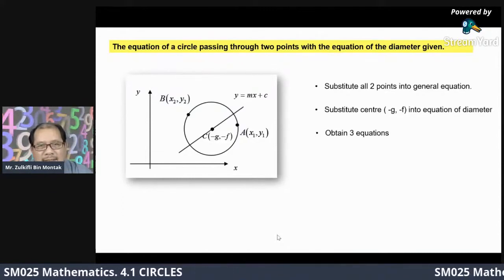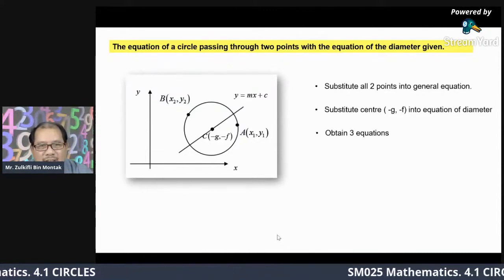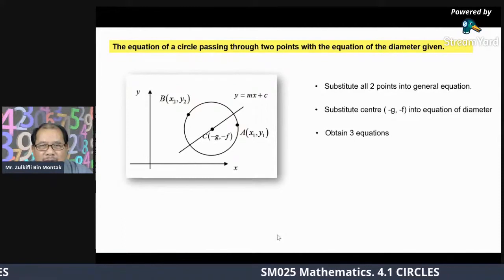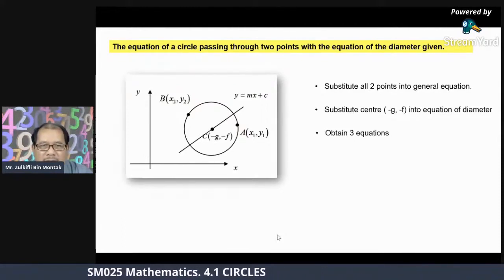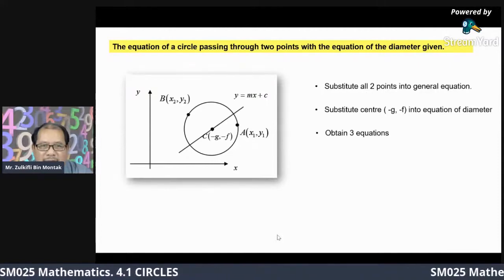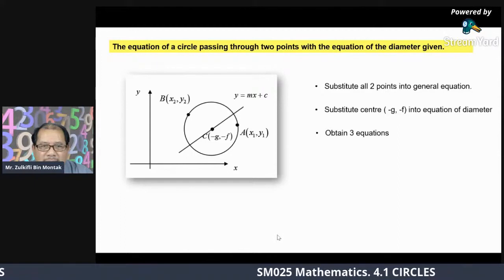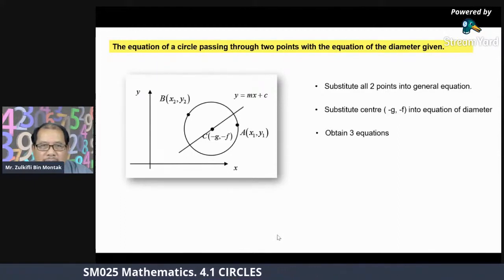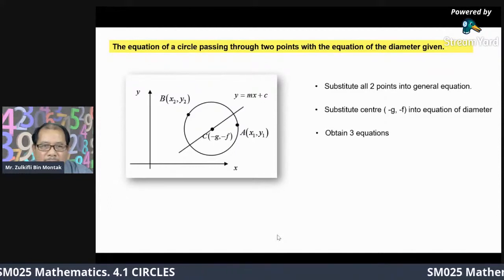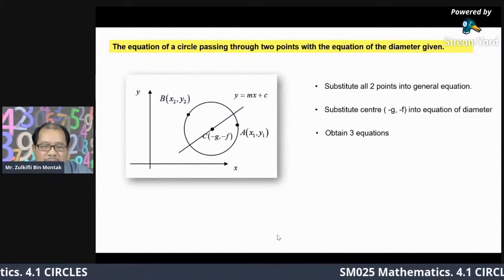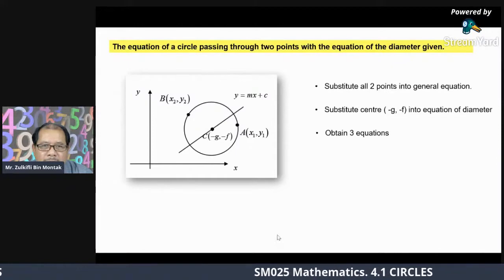We let the center equal to negative g, negative f, because when the equation is in general form, the center is given by negative g, negative f. If the center is h, k, we use the standard form.